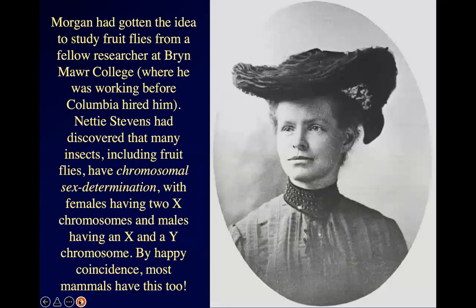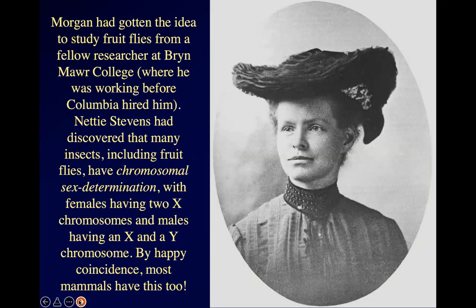And Thomas Hunt Morgan had gotten the idea to study fruit flies from Nettie Stevens, a professor at Bryn Mawr College in Pennsylvania, which is where he worked before he got the gig at Columbia.